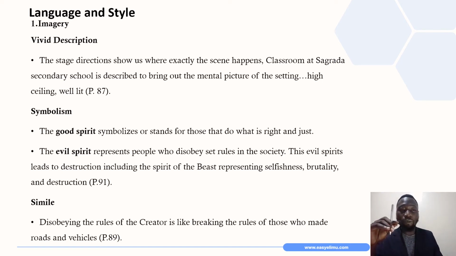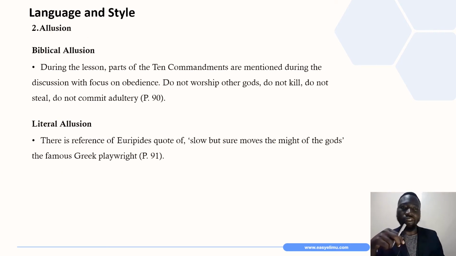Apart from that, we also have allusion. Remember, allusion is an indirect reference to somebody or something. Under allusion, let us start with biblical allusion. We are told that during the lesson, parts of the Ten Commandments are mentioned.